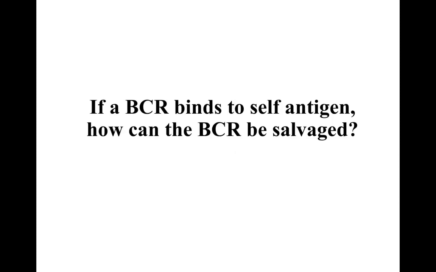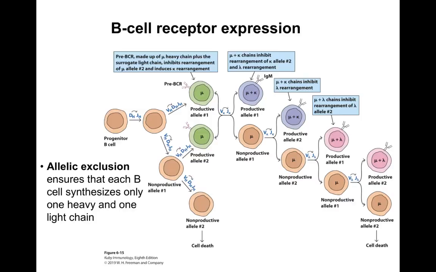If a B cell receptor binds to self-antigen, how can the B cell receptor be salvaged? So say you got your productive B cell receptor, whichever one was productive. Say it actually detects self-antigen. That's not something that we would want.